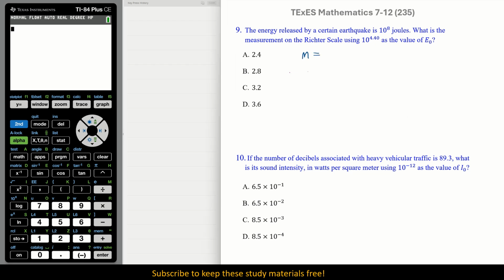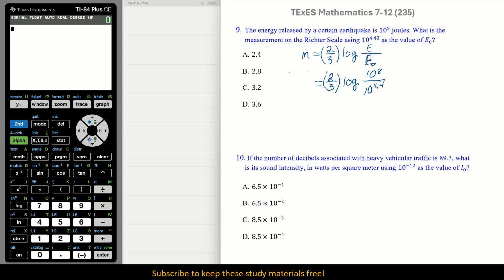So our magnitude equaled 2 over 3 log of E over E naught, okay? But then we will fill that in for our given. So that will be 2 over 3 log of 10 to the 8 over 10 to the 4.4.